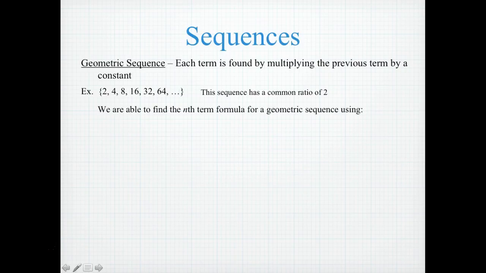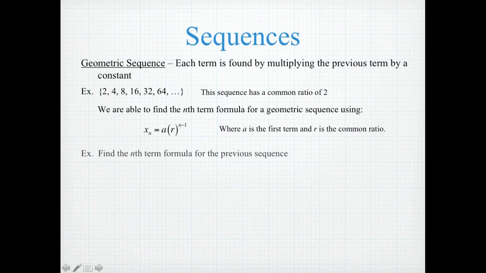Now we're able to find the nth term formula for a geometric sequence using the following formula. x sub n is equal to a times r to the n minus 1 power, where a represents the first term in the sequence and r represents the common ratio. So for example, we're asked to find the nth term formula for the previous sequence.